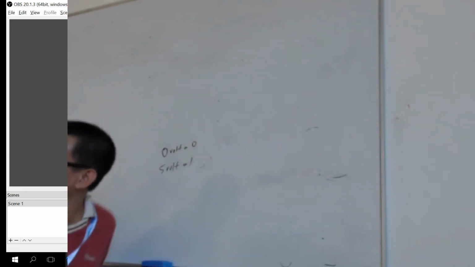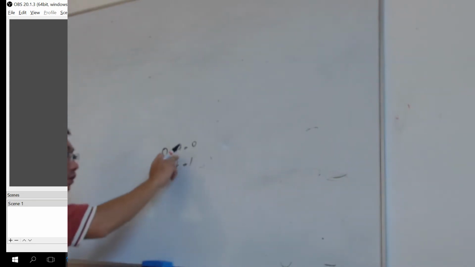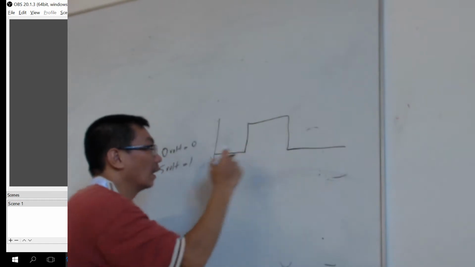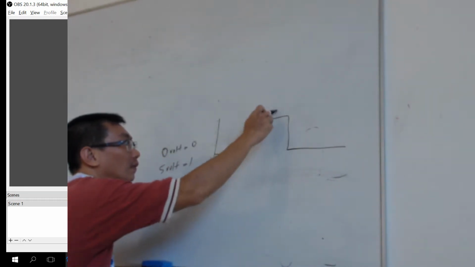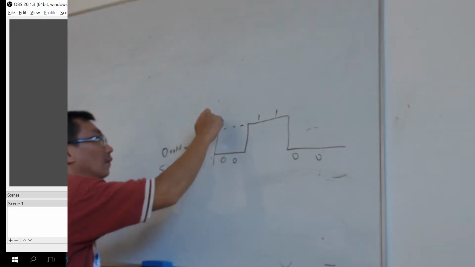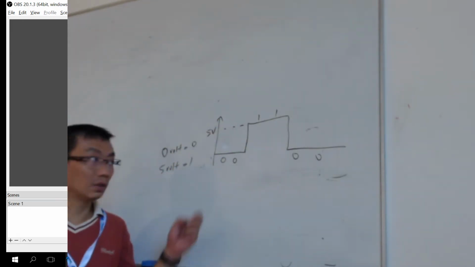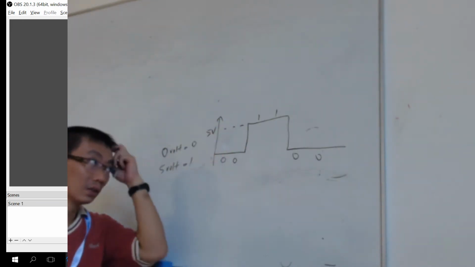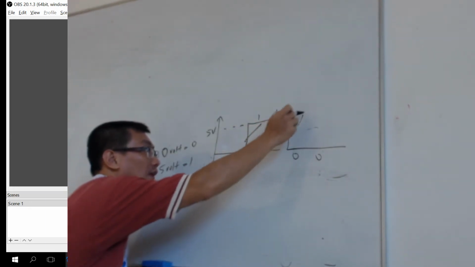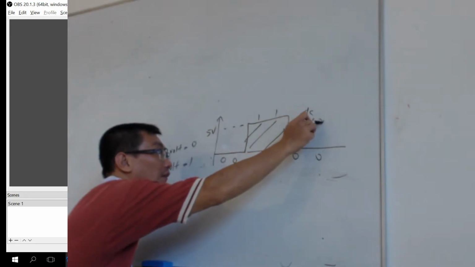Alright? You have this one, 0, so let's say this one will be... okay. So this is how you send the signal. So first you have a DC component, correct?